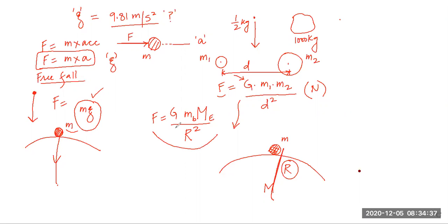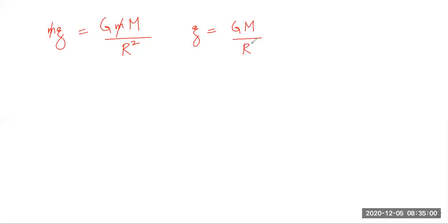Let's equate them. So we get m into g is equal to G into M, mass of earth, into m divided by the square of the radius of earth. m cancels with m. So we get an expression: acceleration due to gravity g is equal to G into the mass of earth divided by the radius of the earth square.